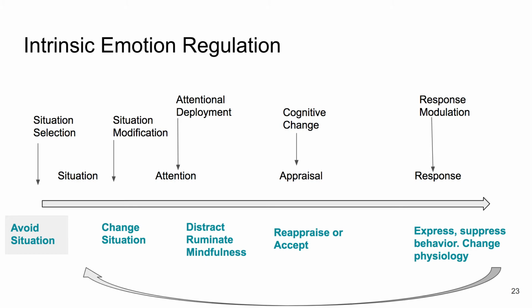With reappraisal and acceptance, we change the way we experience the situation. It reduces the intensity of the situation if it comes up again, because we're actually reprocessing it. But you really need to have your internal resources, from sleep, physical activity, and food, to do this.